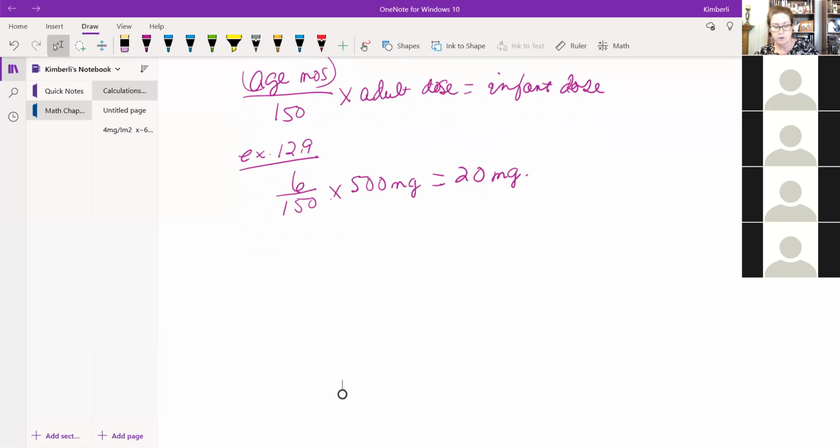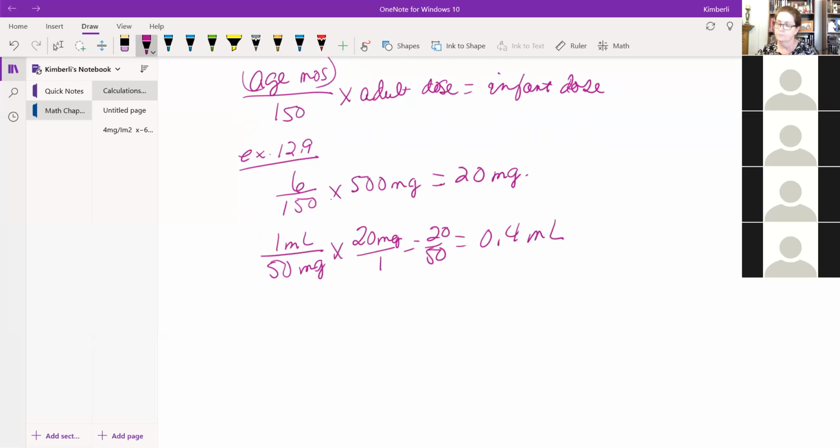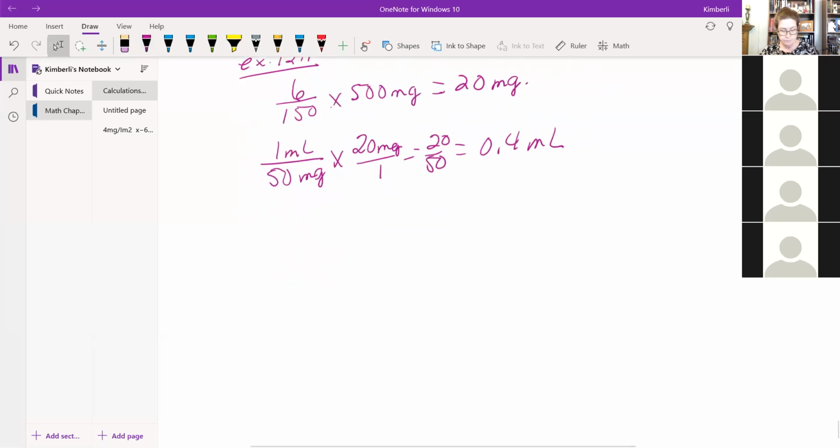So it's 50 milligrams per milliliter, which means that 1 ml contains 50 milligrams, and we want to give the patient 20 milligrams. 20 divided by 50 is 0.4 milliliters. And then you have some practice problems for that, but also let's look at Young's rule.